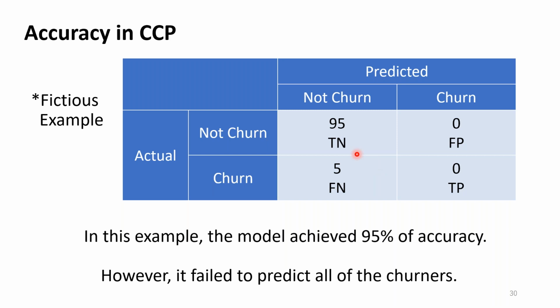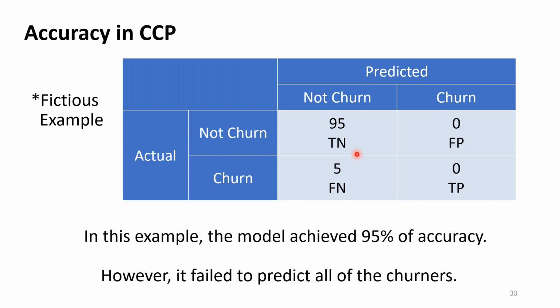Besides, in general, in customer churn prediction, the cost of false negatives is higher than that of false positives. Here, false negatives means customers who are predicted as non-churners, but actually churners. Because obtaining a new customer costs much more than retaining existing customers.